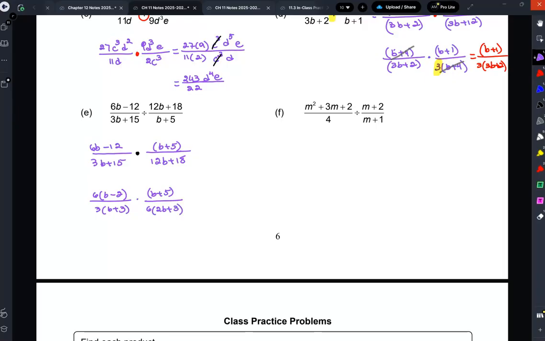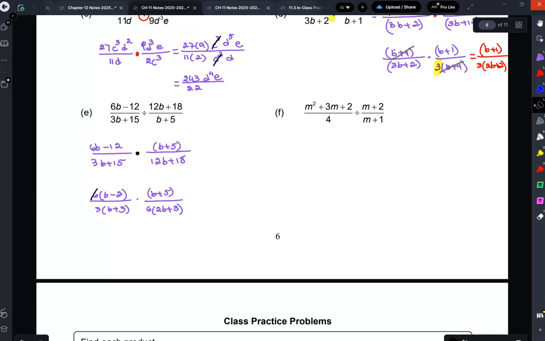Okay. Look at what I got. Does anything reduce? What reduces? That's it. Okay?